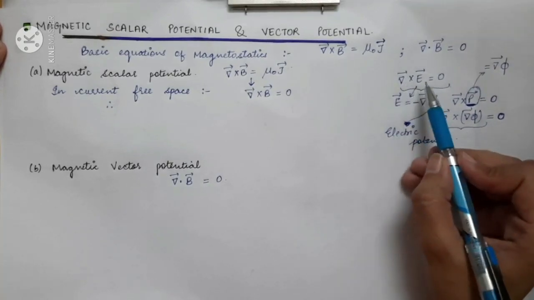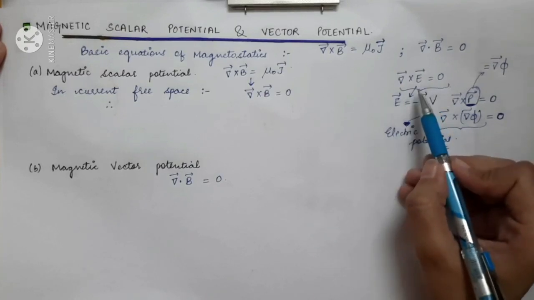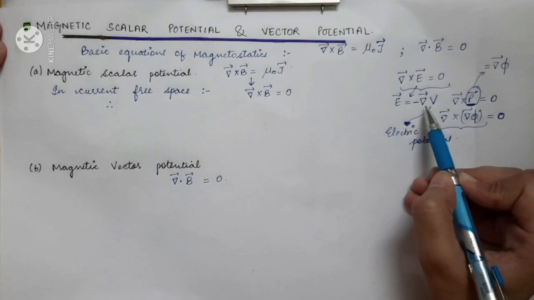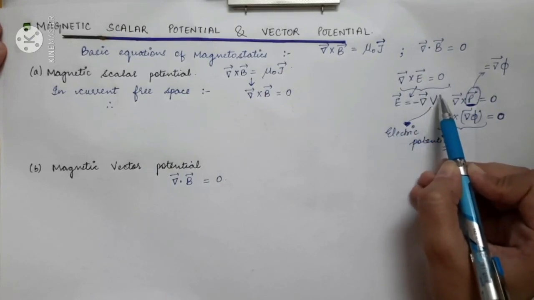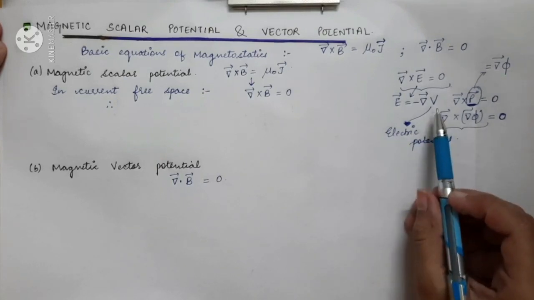So if curl of electric field comes out to be 0, then the electric field can be written as negative of gradient of a scalar function, and this scalar function is known as electric potential.